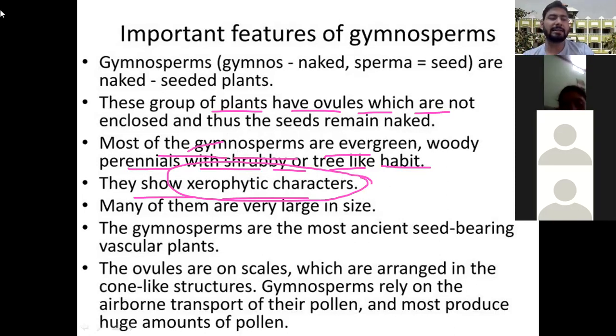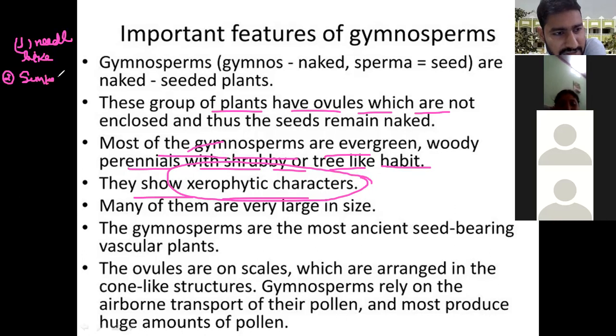So the first character is the needle-like leaf. Point number 1. Second, Fazila? Sunken stomata, sir. Sunken stomata means the stomata are present deep inside the leaves.